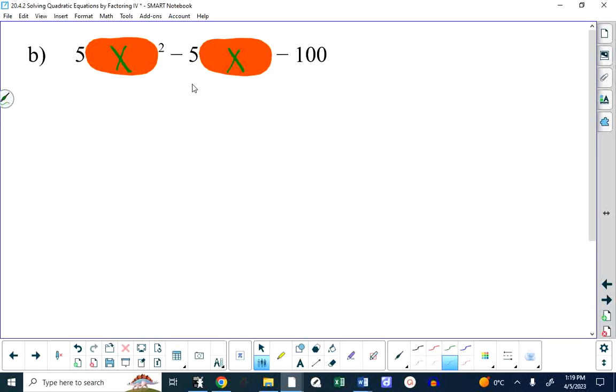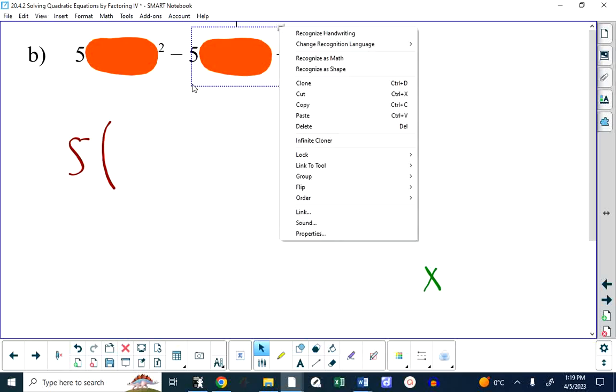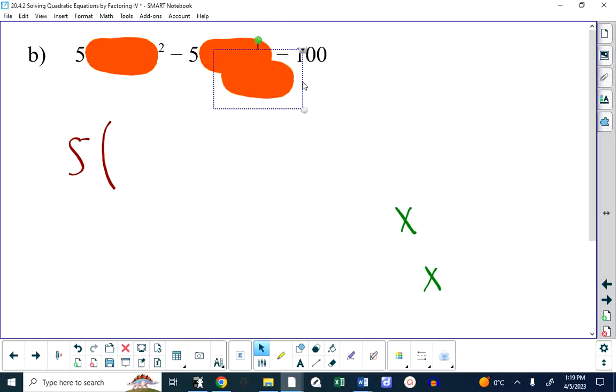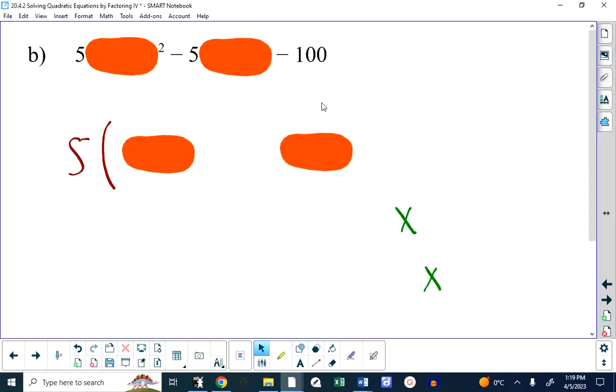But if you did that, then you would end up having 5, and then you would have, I'm going to go with the blobs, blob squared minus 1 blob minus 20. Would you agree that's factored correctly?